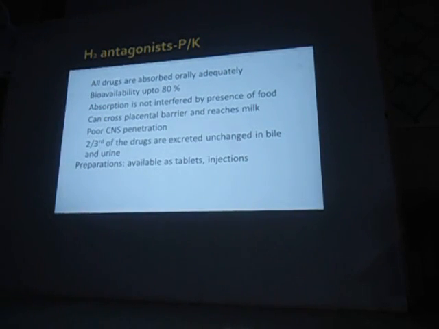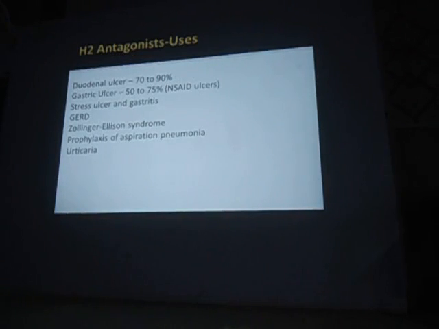So they have good overall absorption and better bioavailability. Even though they cross the placental barrier, there are fewer chances of side effects. They are available as tablets. Ranitidine tablets are 150 milligram, and injections are available at 75 milligram per ml.